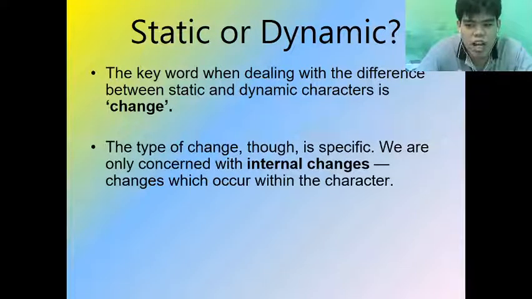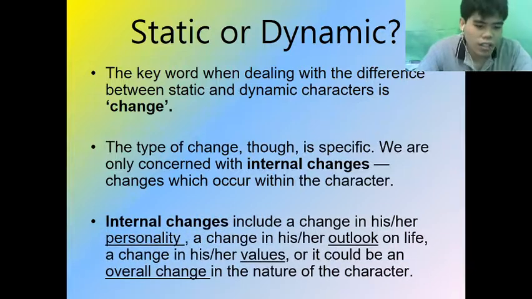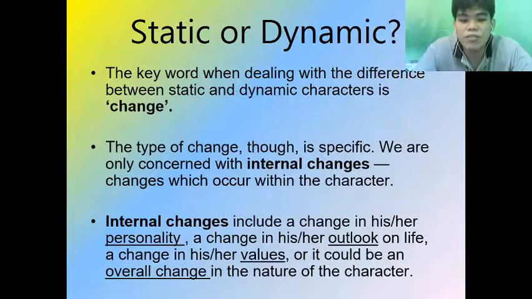If, let's say, a character was blinded or lost a limb, an arm, a leg, this is not considered in a dynamic character. Internal changes include a change in his or her personality, outlook in life, values, or overall nature of the character.